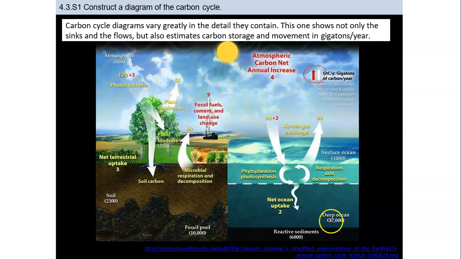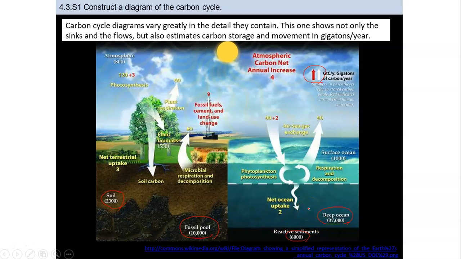Inside the parentheses are the carbon pools, and in the deep ocean we have 37,000 gigaton carbon. You see how much carbon we have in the deep ocean, and as a fossil pool we have 10,000 gigaton carbon, soil 2,300, and in the reactive sediments we have 6,000. These are the carbon pools that we have.